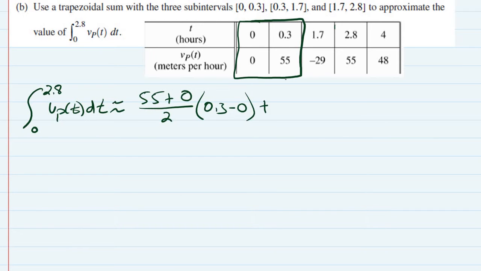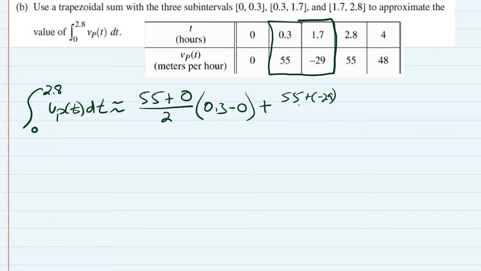All right, now moving on to the next trapezoid. The next trapezoid is going to be this one. The lengths of the bases are going to be 55 and negative 29, and I'm going to average those, divide by 2, and then subtract the two time values.